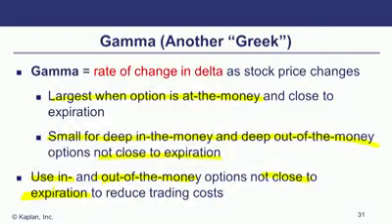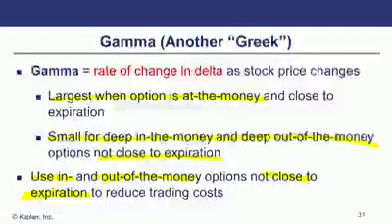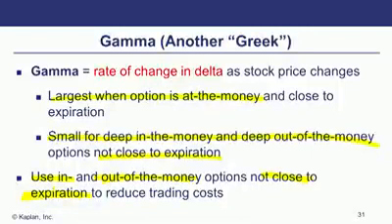If my delta goes from 0.50 to 0.49, it's not a big deal. I don't have to rehedge straight away because my hedge still works fairly well. So make sure you use in or out of the money options not close to expiration to reduce your trading costs.